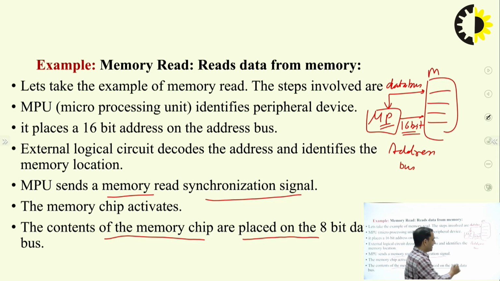Clear? The data bus will carry read or write, so whatever read and write operations are performed, they use the data bus only. If it is a read operation, the direction of data flow will be like this. If it is a write operation, it will be like this. These read and write operations are defined by the control bus.